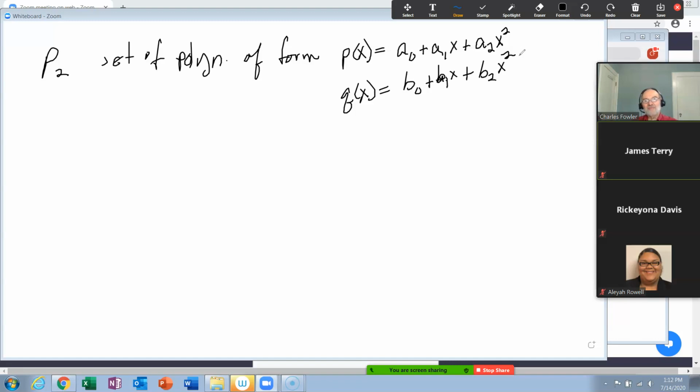For associativity, you'd have to have a third one, p, q, r. Let's call the next one r of x. It has to be in P2, so that would be c0 plus c1 x plus c2 x squared. If you added the first two together and then added the third one, you'll get the same thing as if you added the first to the sum of the other two.